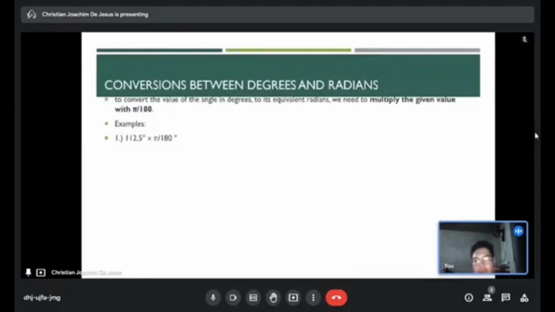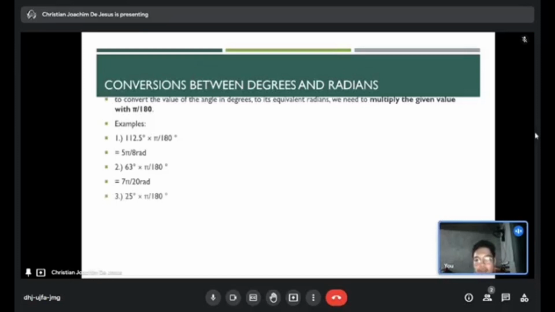So simply put it in a calculator and the answer will automatically appear. 5 pi over 8 rad. Number 2. 63 degrees times pi over 180 degrees. Again, you need to input it in a calculator and the answer will automatically appear. 7 pi over 20 rad.